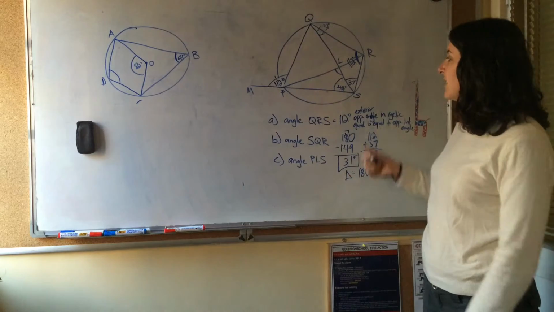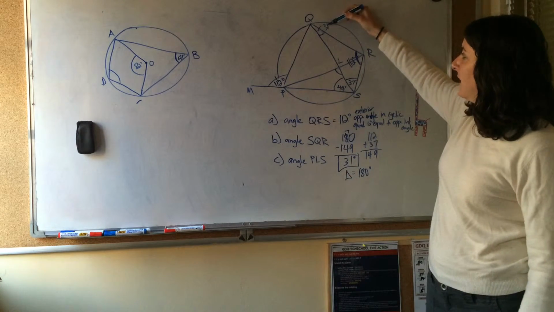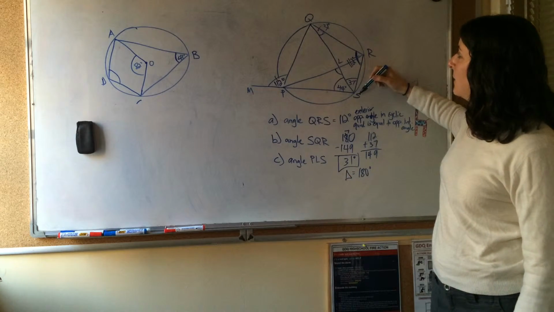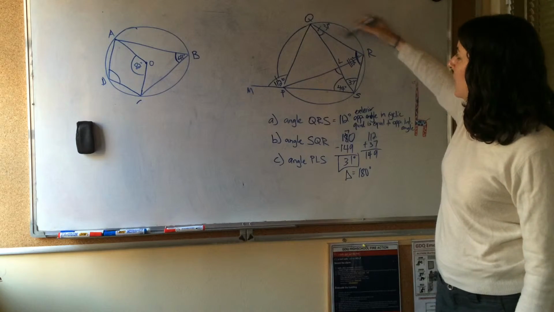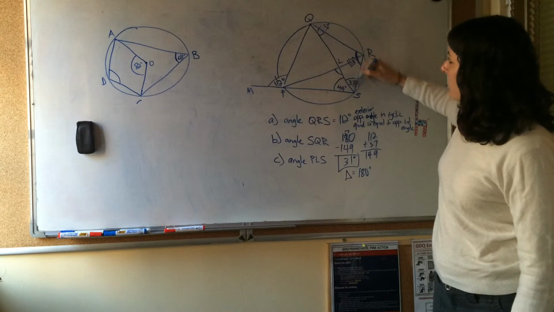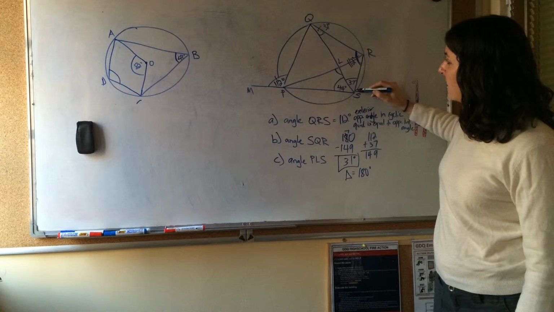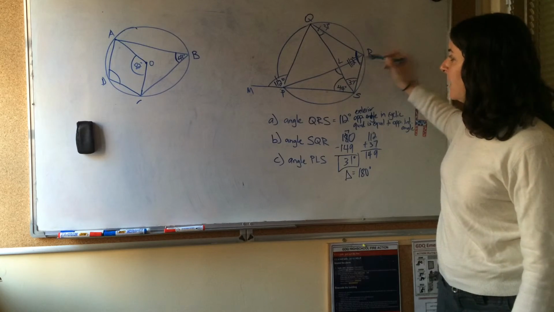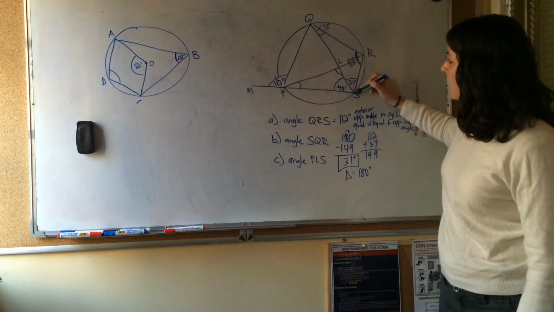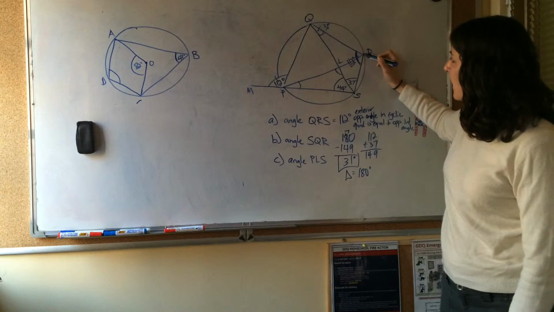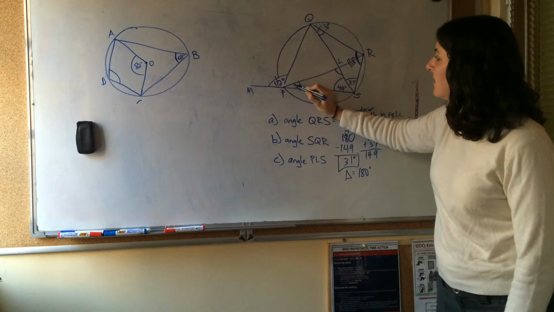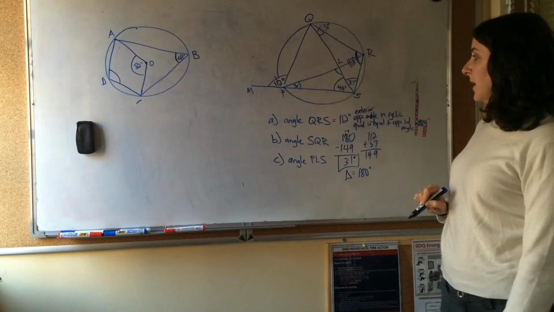It's not as obvious. So let's see. I just found this angle 31, and that was from SQR. SQR this way. I can also go SPR, and we began at S in both cases and we ended at R in both cases. That means this is equal to 31.